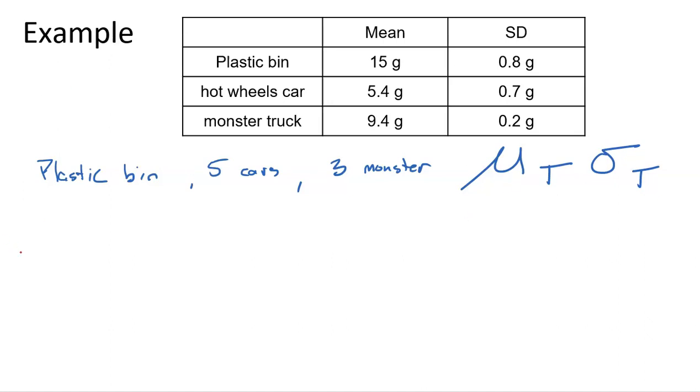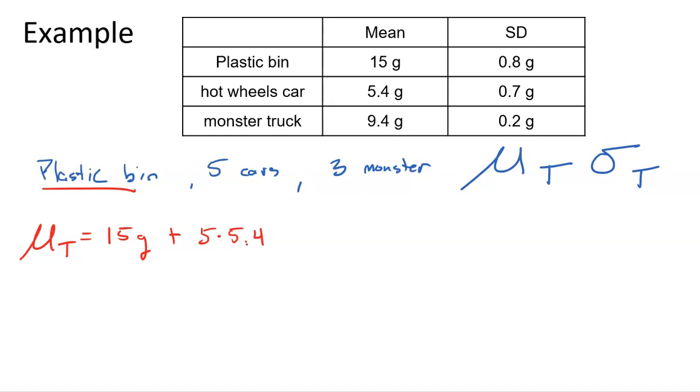All right, let's do the mean first because it's the easiest. I have 1 plastic bin that I expect to weigh 15 grams. I have 5 Hot Wheel cars that I expect to weigh 5.4 grams each. So that's 5.4, 5.4, 5.4, 5.4, 5.4. To write that a little bit faster, I am going to do 5 times 5.4, because remember, multiplication is repeated addition.